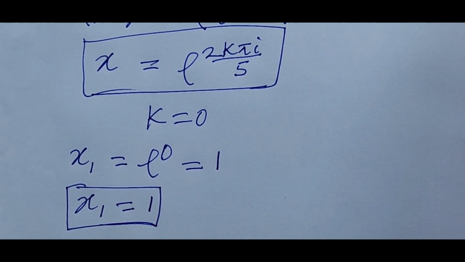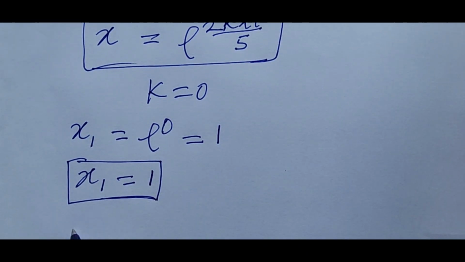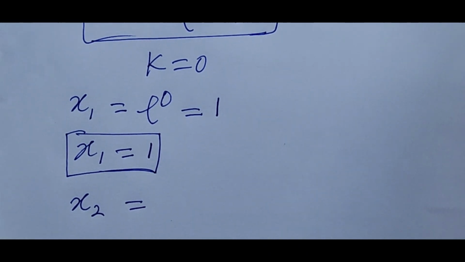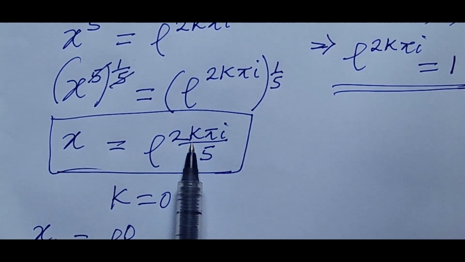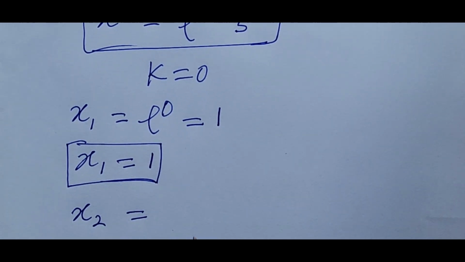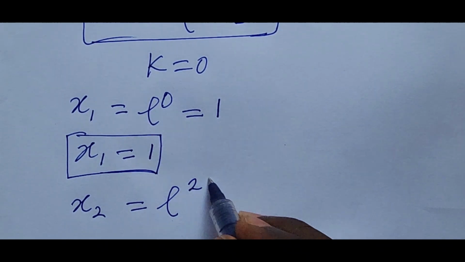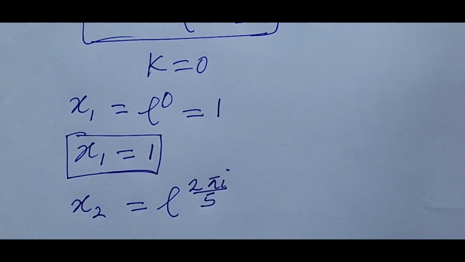Now, when we take k to be 1, which is x2, our standard equation will now become e all raised to the power of 2 pi i all over 5.